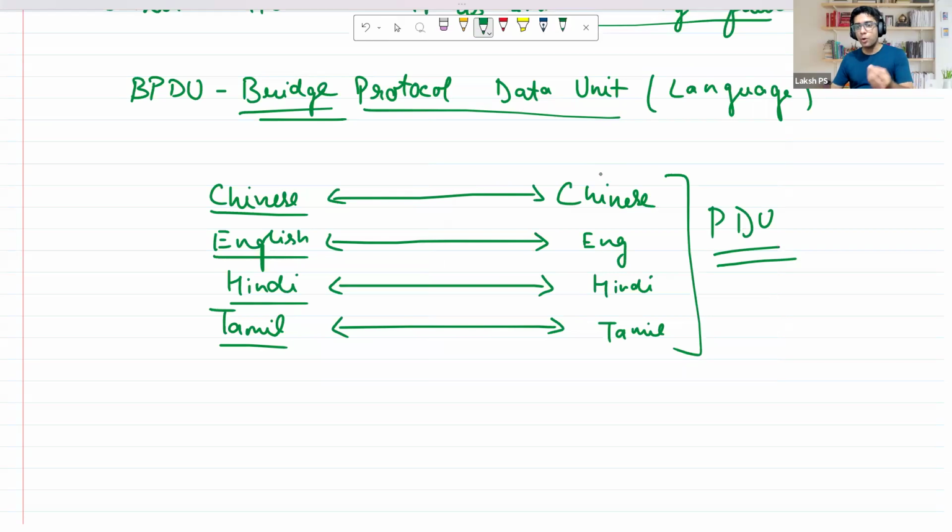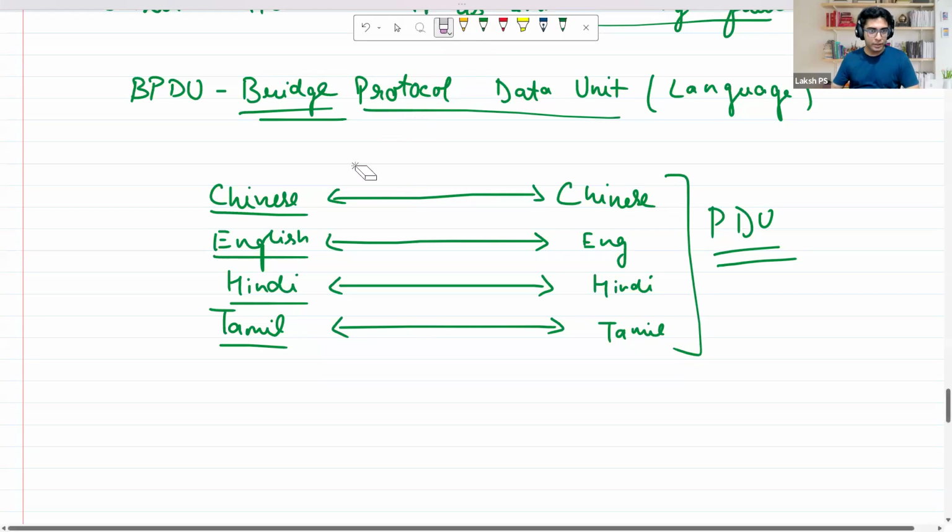So protocol data unit in networking is actually a language for a specific protocol. Spanning tree has its own language which it uses to exchange information, and that language is called bridge protocol data unit or BPDU. Clear?